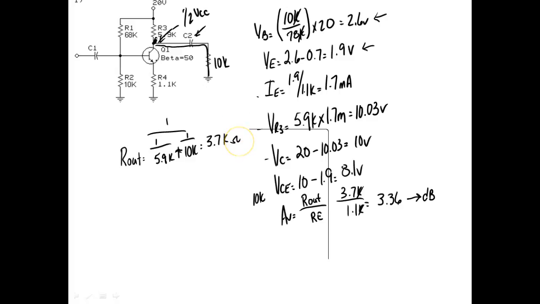Okay, so RE prime, which we didn't really need, I'm just getting you in the habit of calculating it. RE prime would equal 25 millivolts over IE. What's IE? 1.7 milliamps. So we didn't really need RE prime on this circuit, but I just wanted y'all to get used to calculating.